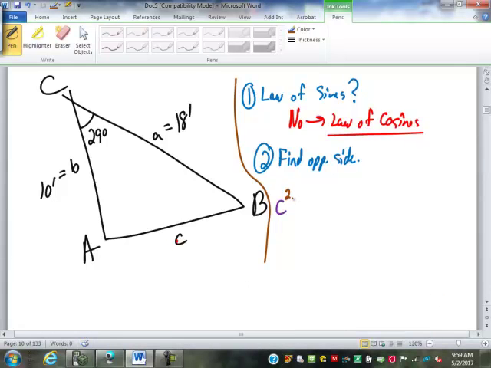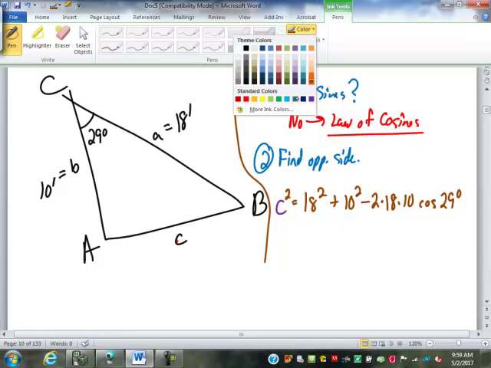So it's C squared equals what? 18 squared plus 10 squared minus 2 times 18 times 10 times the cosine of 29 degrees. Perfect.